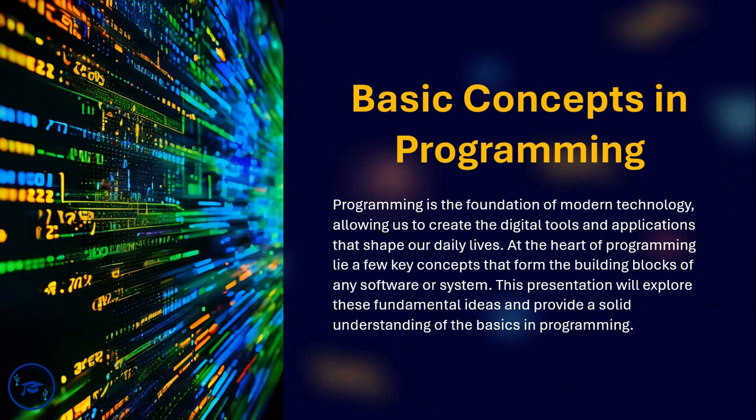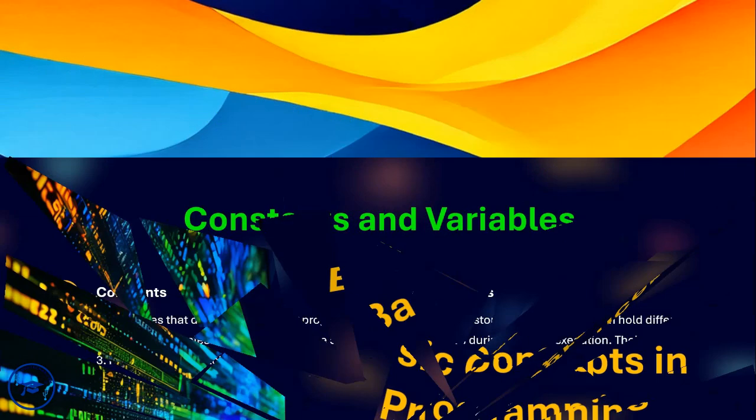All right. So at the heart of programming lie a few key concepts that form the building blocks of any software system. This presentation will explore these fundamental ideas and provide a solid understanding. Great. So let's get into it.